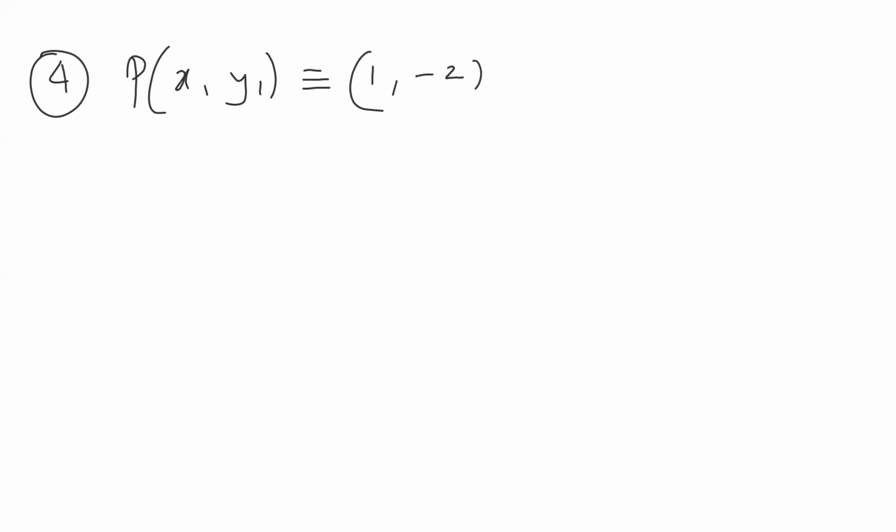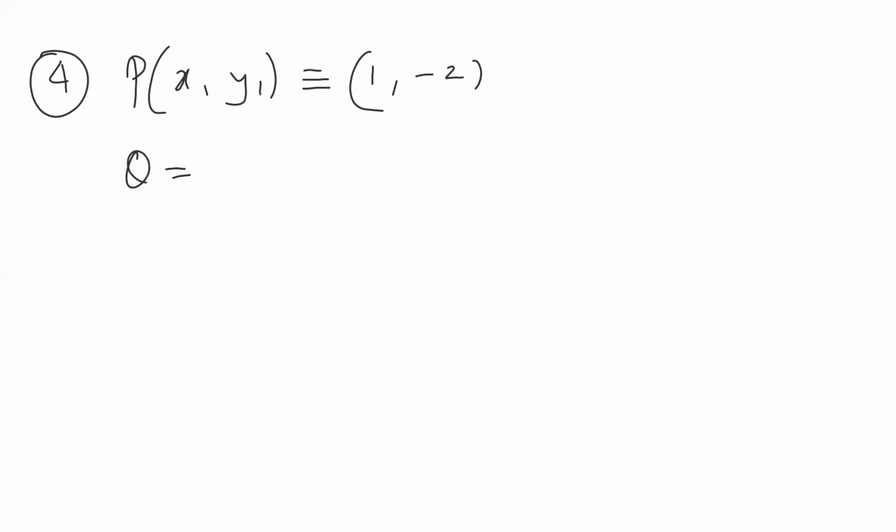So we have a point on the line. The point on the line is P. You can take any variable, P, Q, anything. But the coordinates will be x1, y1, which is equal to 1 comma minus 2. The angle is 135 degrees. So the line makes an angle of 135 degrees with the positive direction of x-axis.